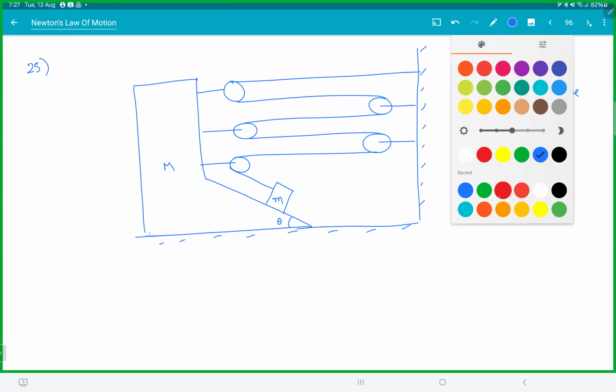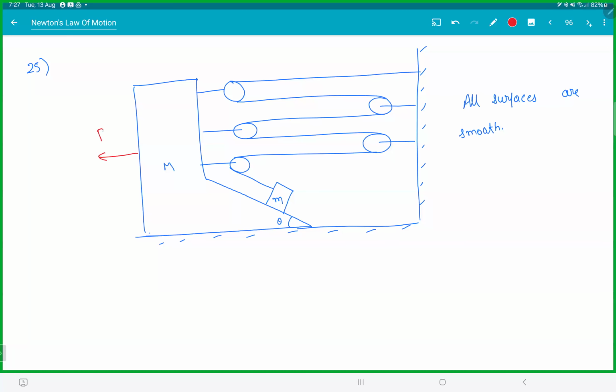So to keep this at rest, someone has to apply a force F. So the question is to find F and the normal reaction between the wedge and the ground, if the system is at rest.